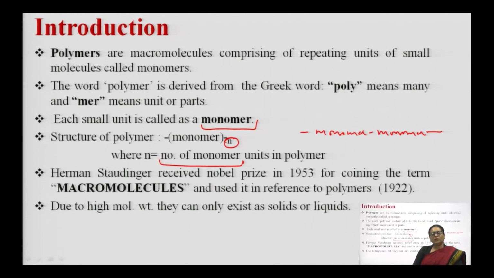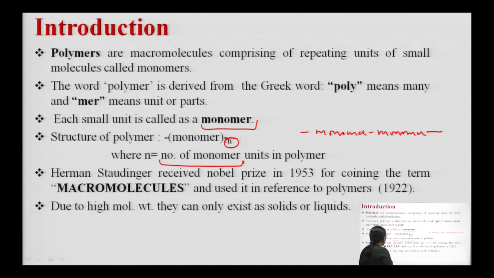So, polymers are basically subsets of macromolecules, because macromolecules is a broad term which encompasses any large molecule, and they differ from polymers in the sense that they may not necessarily have monomer repeating units in them, whereas polymers are specifically those macromolecules which have repetitive monomers in them.